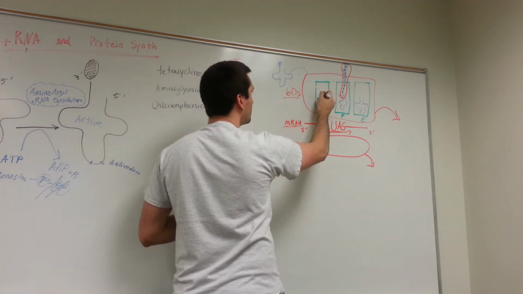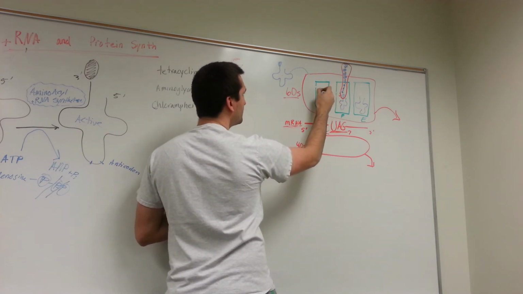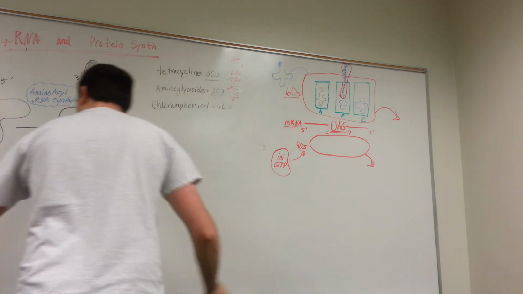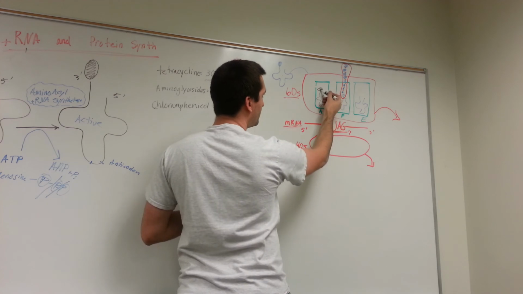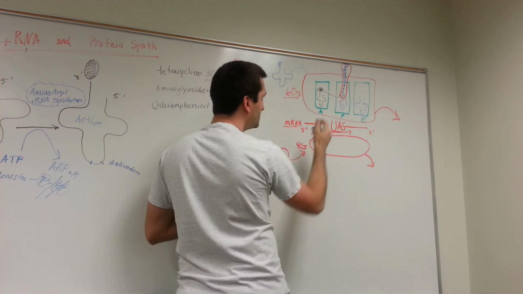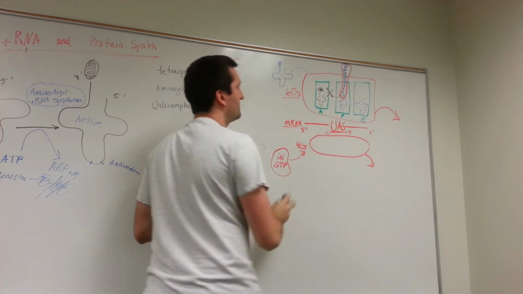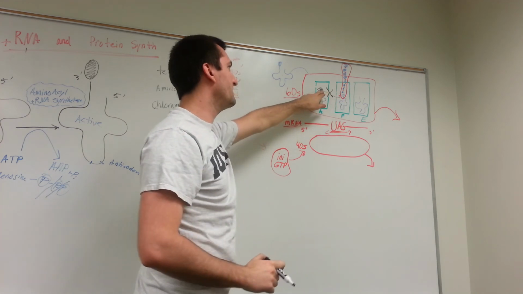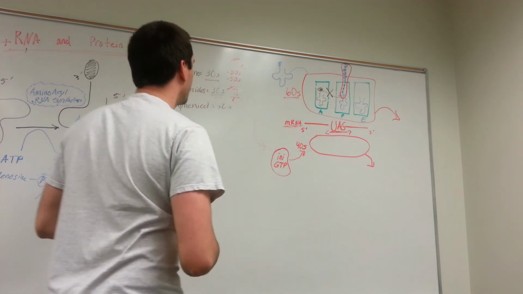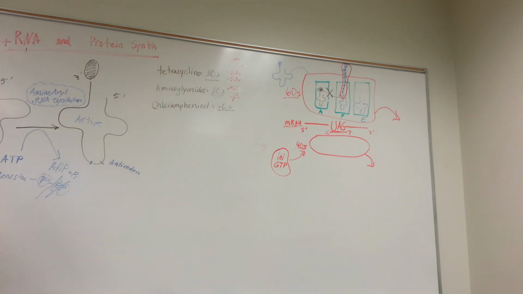We're going to block the transfer of an amino acid to our polypeptide chain by covalent peptide bond. We're going to cancel that step. We can't form a covalent bond between our polypeptide chain and our amino acid because chloramphenicol is going to block this 50S subunit.